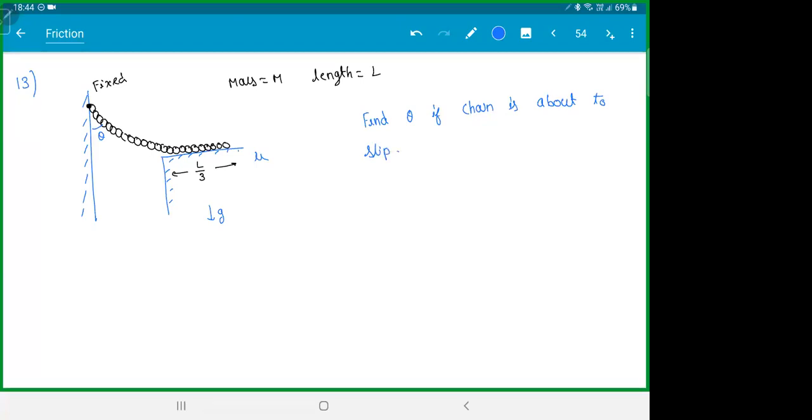So some part of the chain is hanging and 1/3 of the chain is on the rough floor, flat. The chain is on the verge of slipping. So find theta.